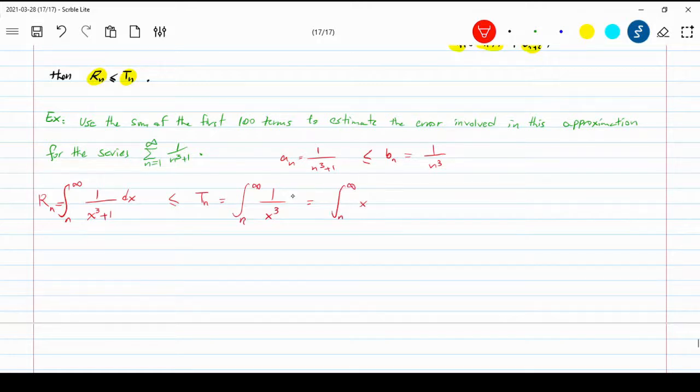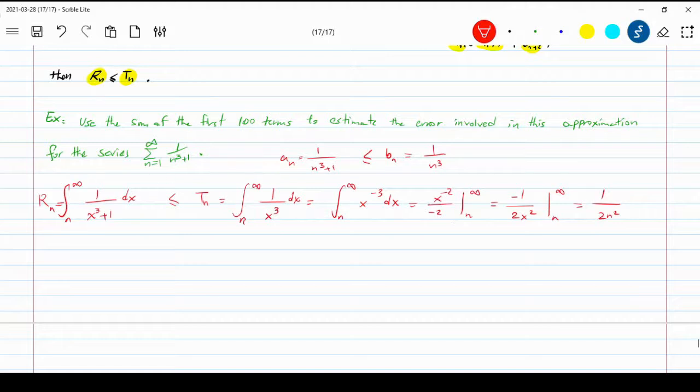The integral of x to the power -3 dx is x to the power -2 divided by -2, evaluated from n to infinity. That is -1 over 2x squared from n to infinity. Taking the limit, you end up with 1 divided by 2n squared.